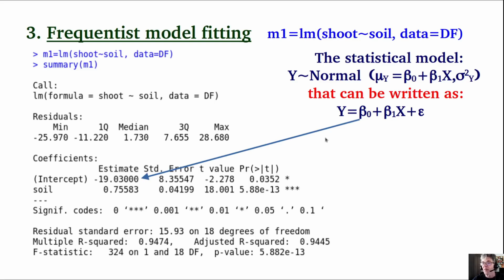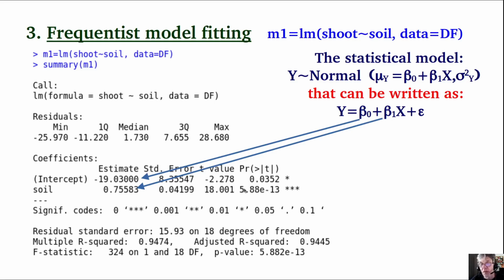and we actually don't care about it, because the parameter that shows the relationship between the explanatory variable x and the response variable y is the slope, whose value is 0.75 with a standard error of 0.4, and the t ratio is equal to 18, and this is the p-value.